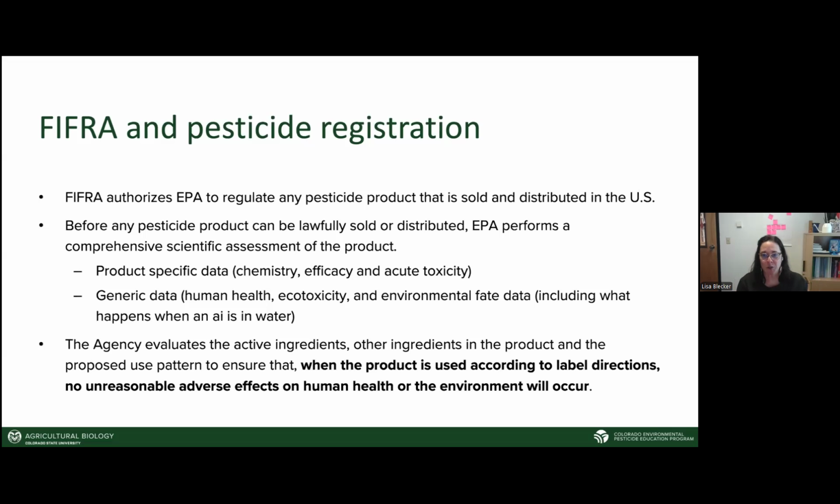Maybe you also apply the same pesticide once a year in your home garden, and you also don't get cancer, but it makes you cough or it irritates your eyes every time you apply it. You're still using it according to label instructions. You're doing it legally and safely, but that may be unreasonable to you. And so you may choose that even though it's registered and being used according to the law, it's still not something that you would consider safe.